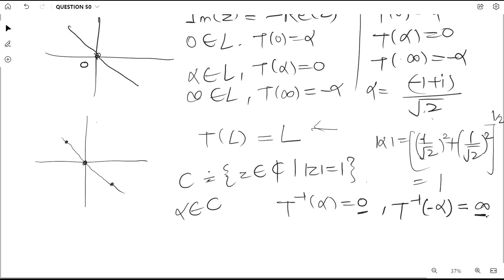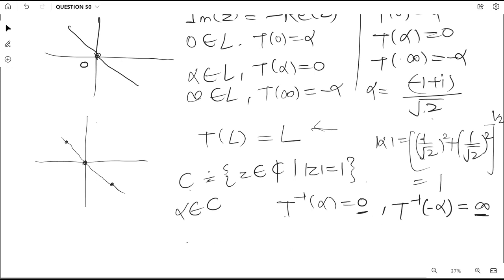Definitely not. So T inverse is also a Mobius transformation. So the image of C under T inverse is either a straight line or a circle. So it cannot be a circle for sure because 0 and infinity cannot lie on the same circle. So it definitely must be a straight line.